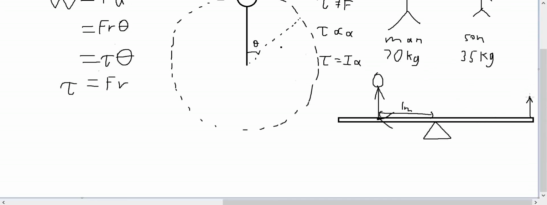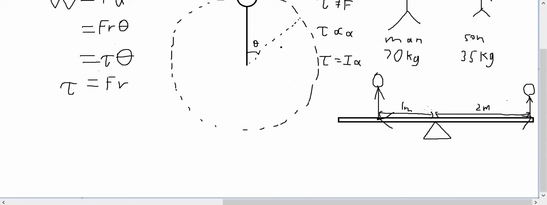So here's the son. If he sits 2 meters away and doesn't jump up and down, the seesaw will be balanced. Why is this the case? Because torque is force times radius. You can see the torque is equal on both sides. The force here is twice the force there, but the radius here is half the radius there.